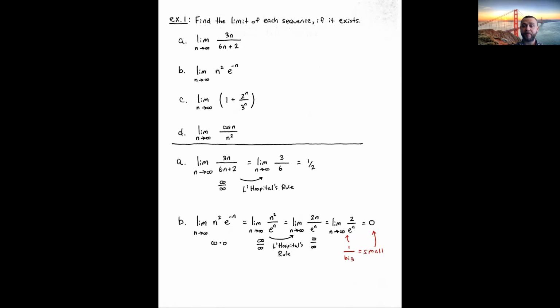Applying L'Hopital's rule that second time, 2n differentiates to 2, and e to the n differentiates again to itself. The final limit you have here, 2 divided by e to the n, fits the form of 1 over an increasingly bigger number. Since your denominator is getting bigger, that fraction as a whole gets smaller towards 0.